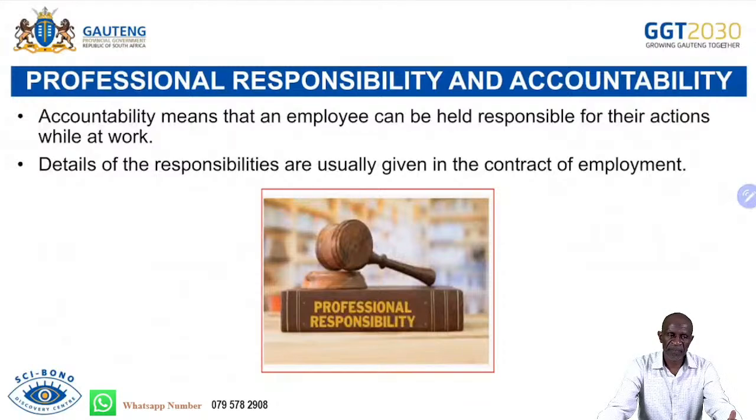For instance, you use a company vehicle, you get involved in an accident, and it is discovered that you are on the wrong side of the accident. You might be required to exercise some accountability by replacing or repairing the vehicle.